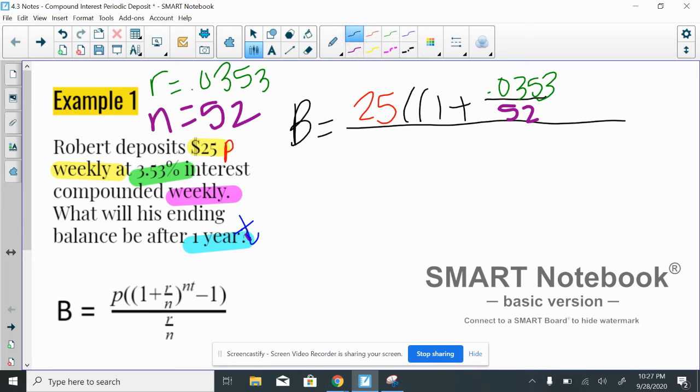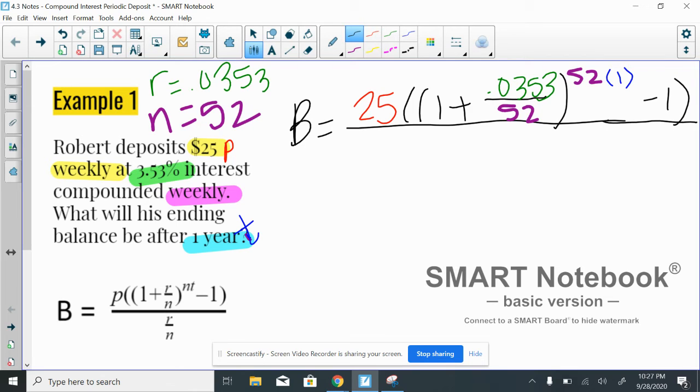You're only putting 1 parenthesis after that fraction, and then you're going to raise it to the power of 52 times my t value of 1. That's not really any different than what we did the other day. And then on the end of this fraction, and look, I didn't make it long enough, I have to have -1 and parentheses.